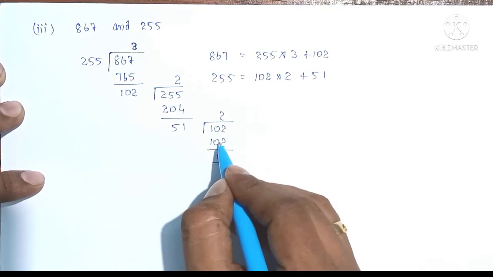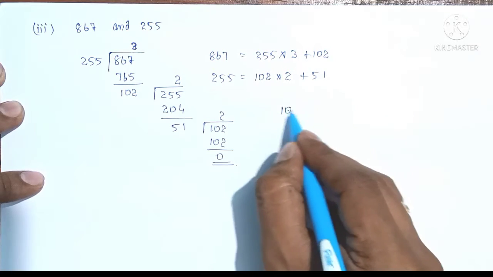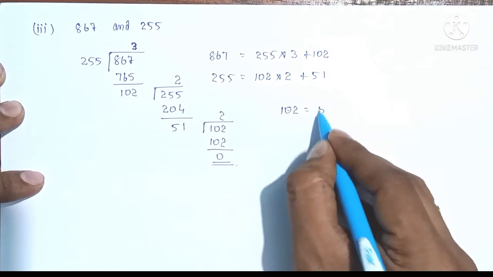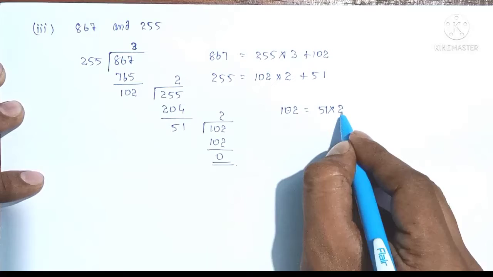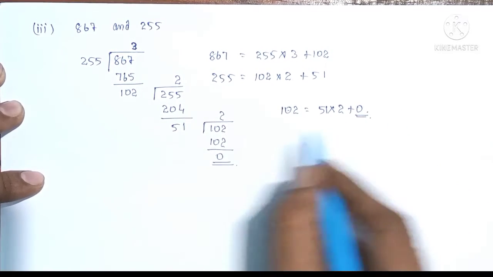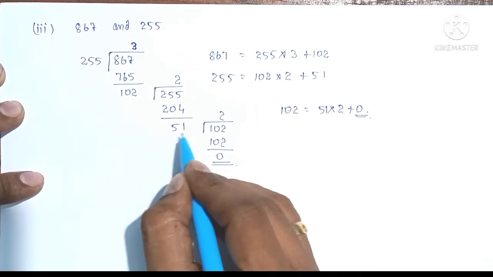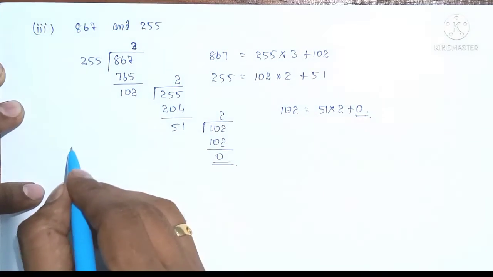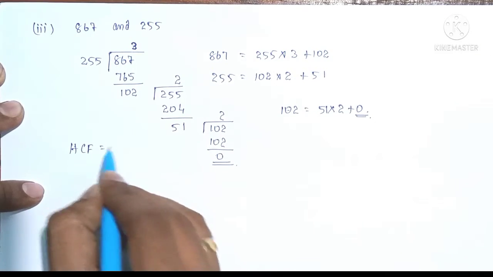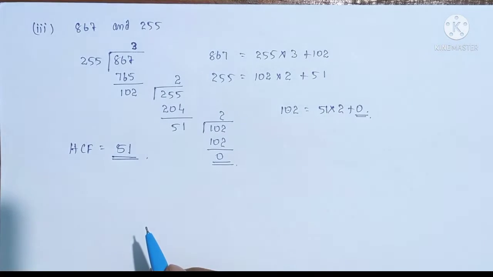So 2 into 51 is 102 and the remainder is 0. So that is 102 is equal to 51 into 2 plus 0. So when we are getting remainder as 0, that divisor will be the HCF of these two numbers. So HCF is 51. Clear?